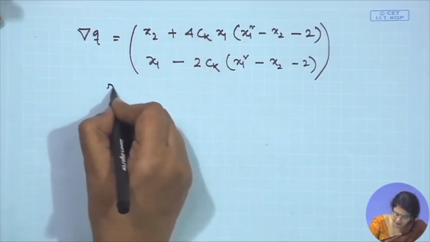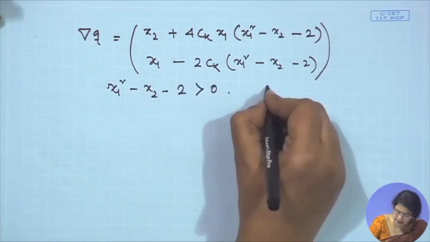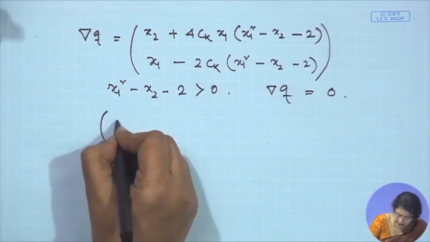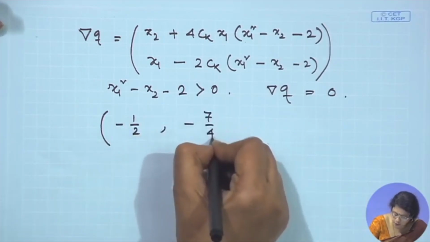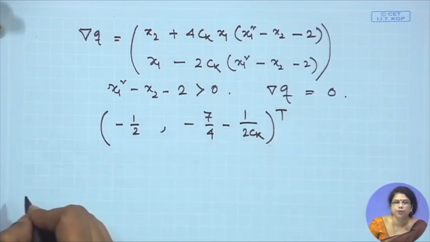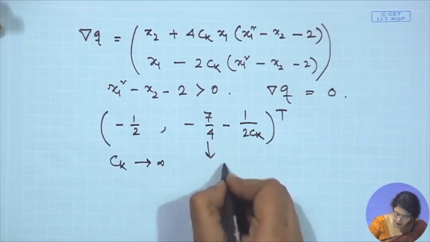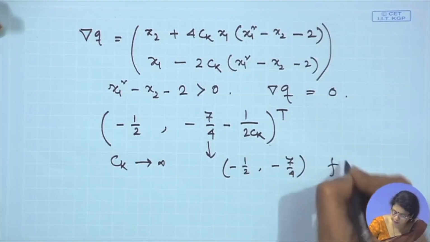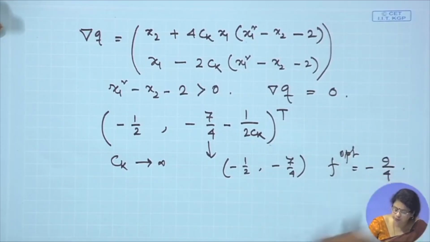Now, if x1 square minus x2 minus 2 is greater than 0, and if we equate the gradient of q to 0, then we will get the tuple as (minus half, minus 7 by 4 minus 1 by 2 Ck) transpose. Now, as Ck tends to infinity, this point will tend to (minus half, minus 7 by 4), and the corresponding optimal solution x1 plus x2 is minus 9 by 4.